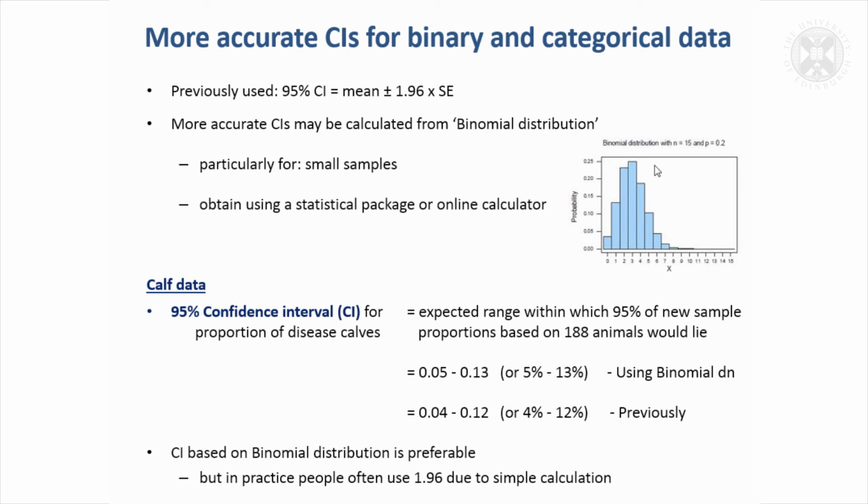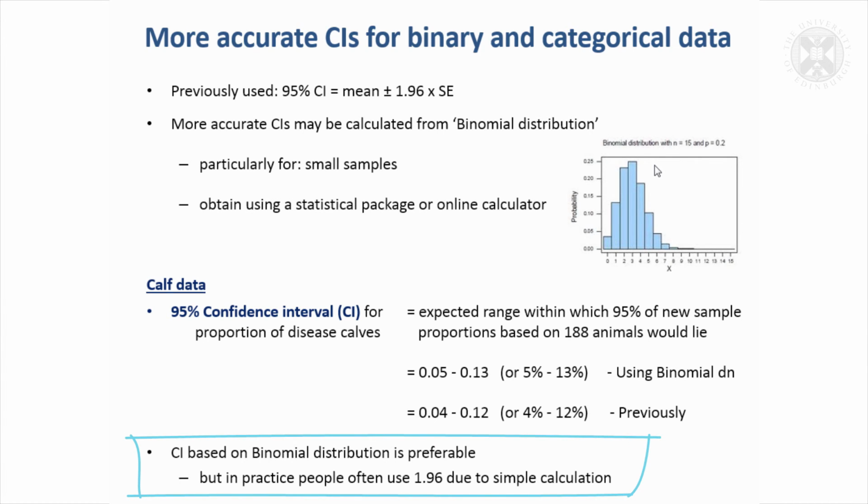So that is actually a better confidence interval, but you do need a package to calculate it or to use distribution tables. So in practice, people unfortunately don't usually bother to do that, even with small samples, and they'll use this more conventional formulae. But I thought it was worth mentioning, because if you can find a package that would do it for you, those would be more appropriate for proportions.